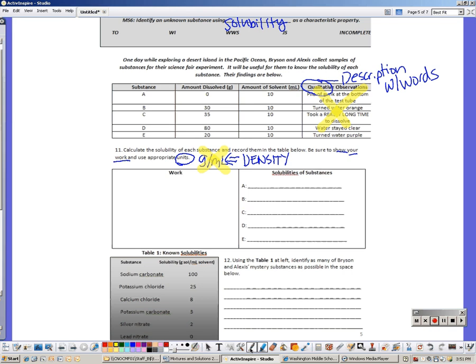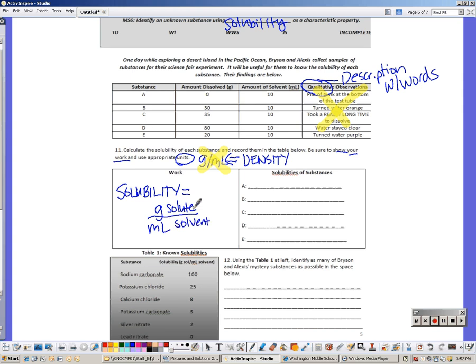Okay? So to calculate the solubility of each, I'm not going to go through and do it for each one, but I will tell you that solubility equals the grams of the solute divided by the milliliters of the solvent.